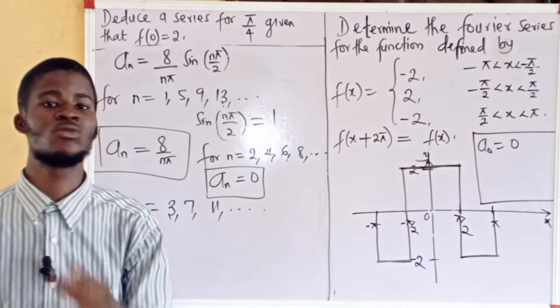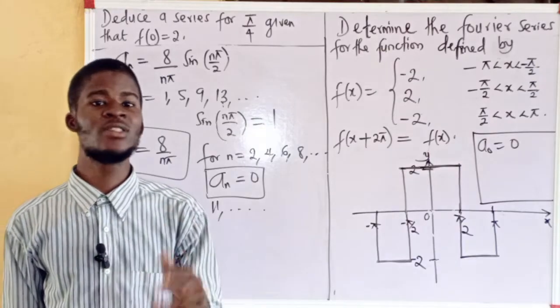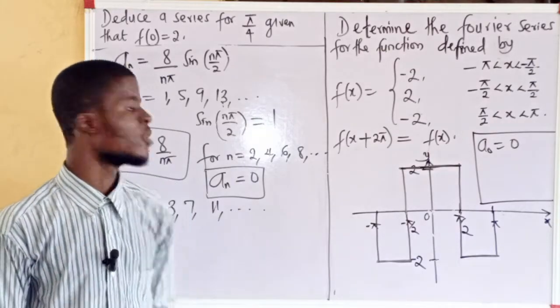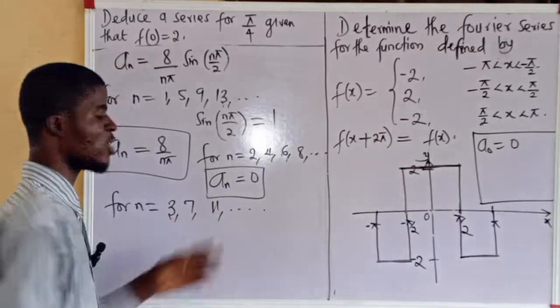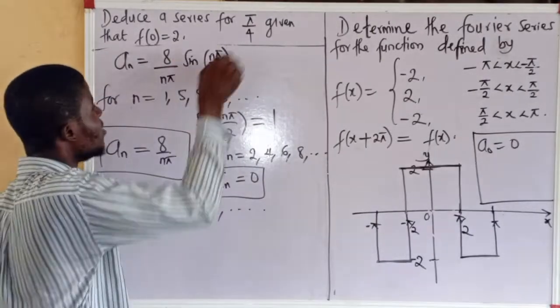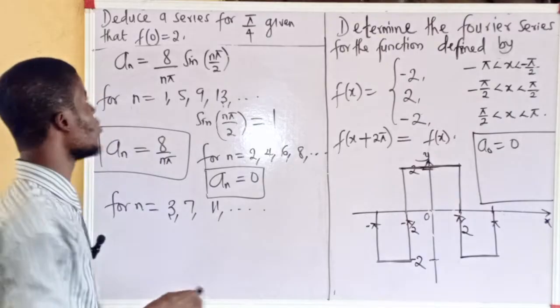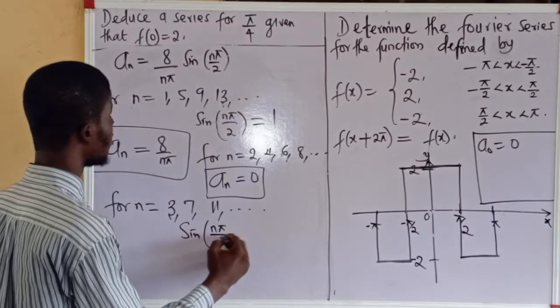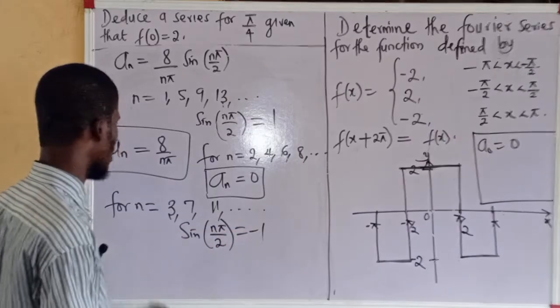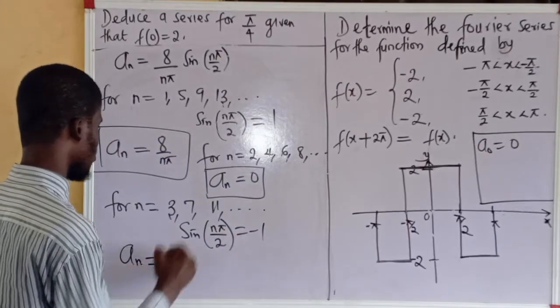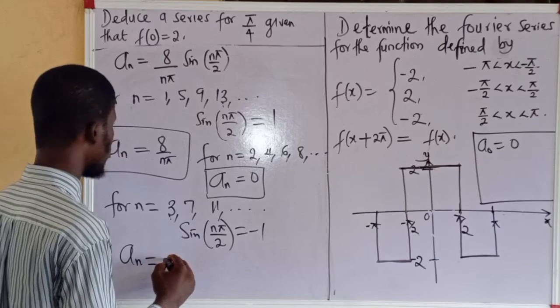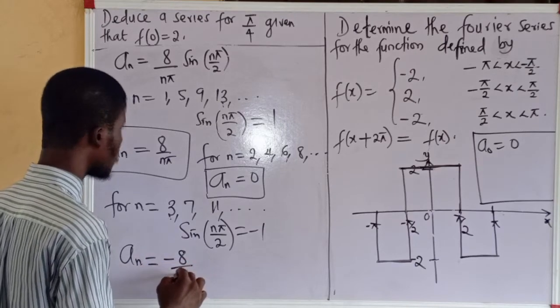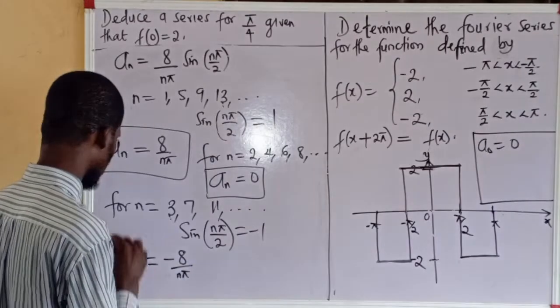So 3 times 90 is 270. So sine 270 degrees is minus 1. So for values of 3, 7, 11 and so on and so forth, the sine is equal to minus 1. So it means that sine n pi over 2 is equal to minus 1. That means a sub n for these values of n will be equal to minus 8 over n pi. That's what it means.